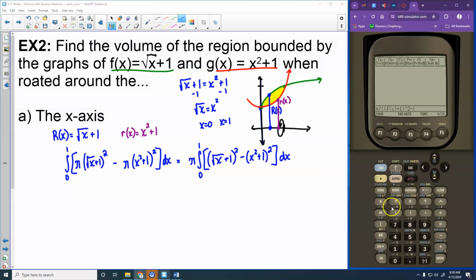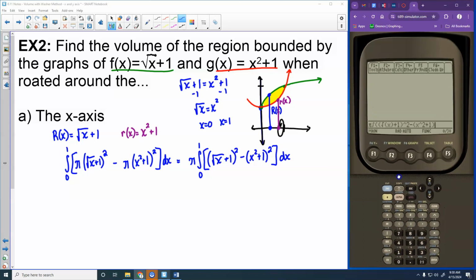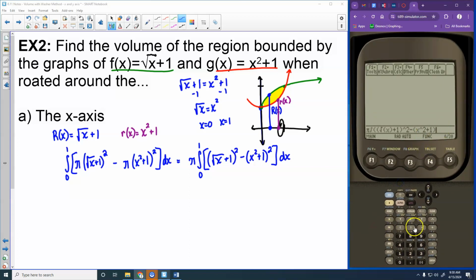And type this in, guys, because even though it might not look that bad, it's really easy to mess this up. So when I get square root of x plus 1 squared minus x squared plus 1 squared, I have to put comma x, comma 0, comma 1 at the end. And I'm getting 29 pi over 30.